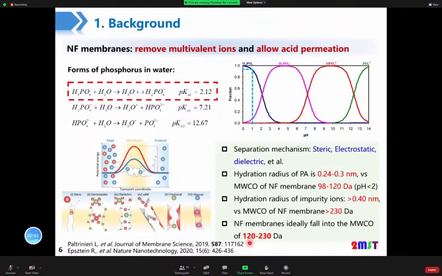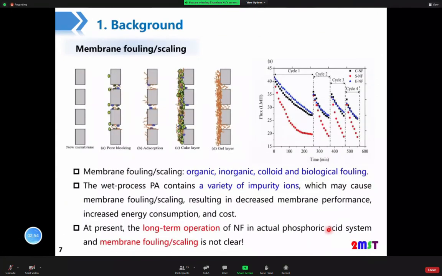120 to 213 Dalton. However, the wet process phosphoric acid contains a lot of impurities, which may cause membrane fouling or scaling, resulting in decreased membrane performance and increased energy consumption. At present, the long-term operation of nanofiltration in actual phosphoric acid systems and the membrane fouling or scaling are not clear.